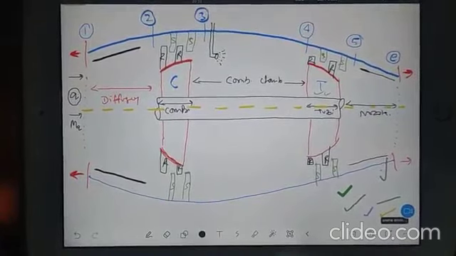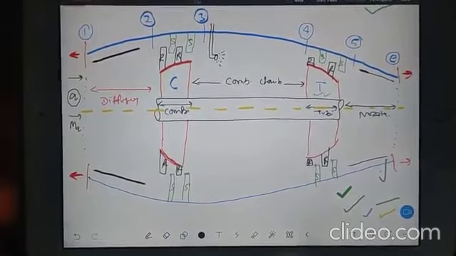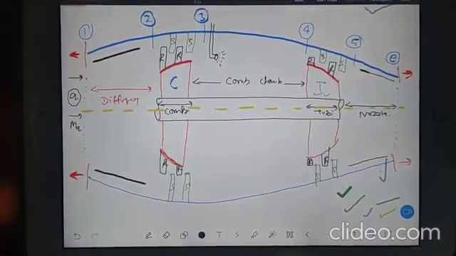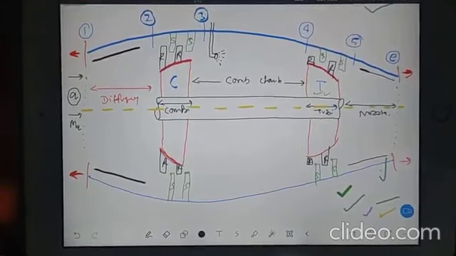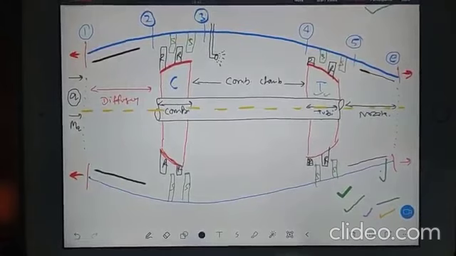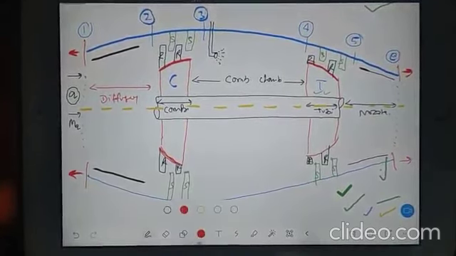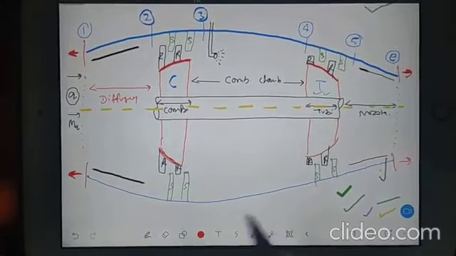Take down a neat and clean diagram. This should be a very good diagram model, the front page of your propulsion notebook. Okay. And whenever you are free, you can decorate this diagram. You should give some shaded look, like this kind.